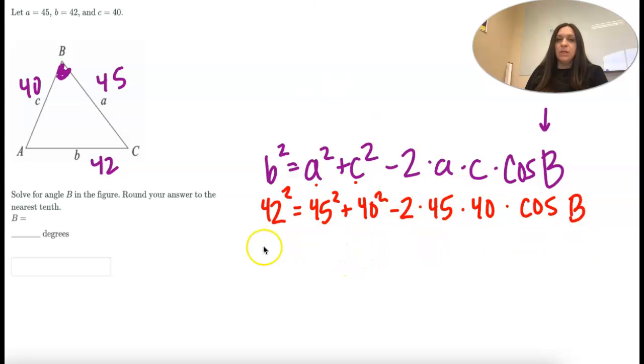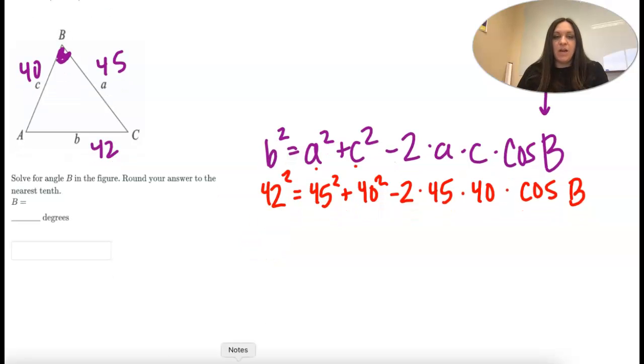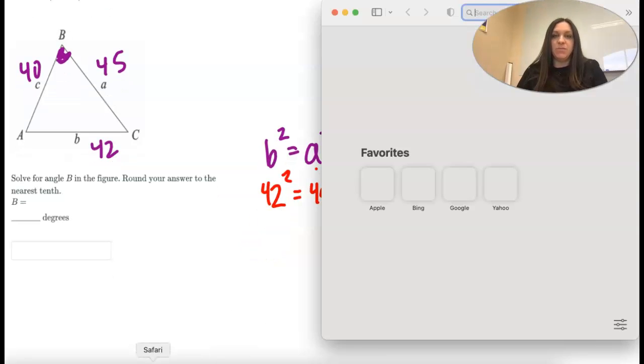Alright, so I'm going to start calculating some of this stuff so we have some numbers.